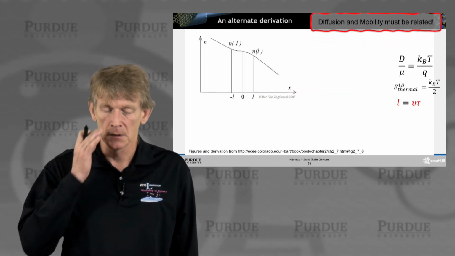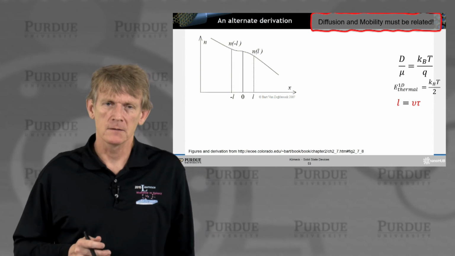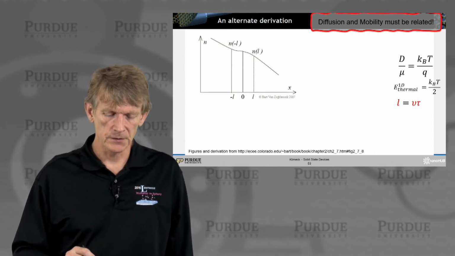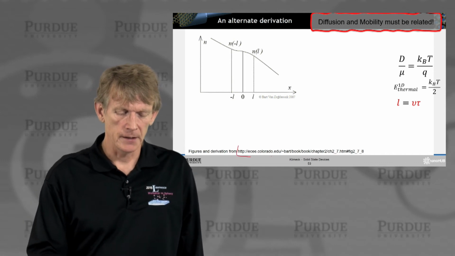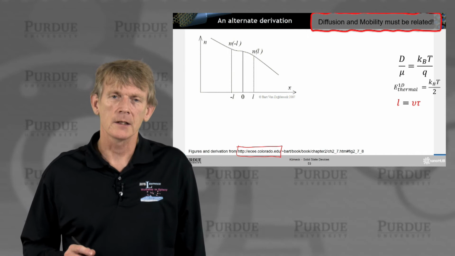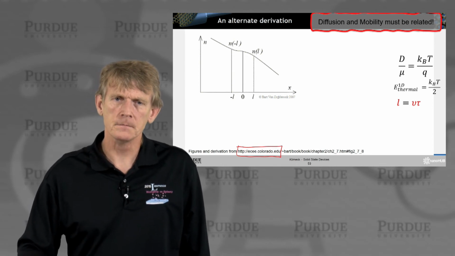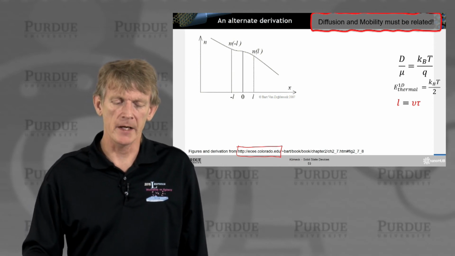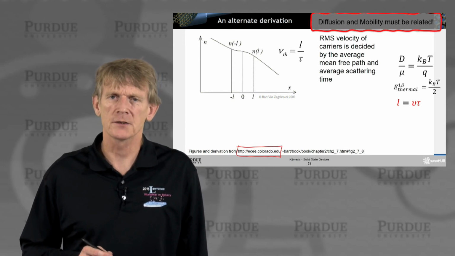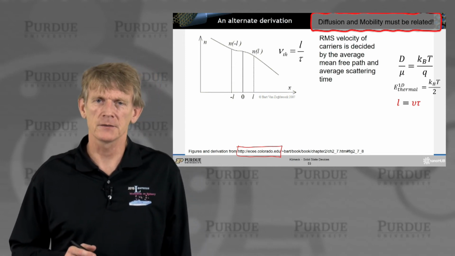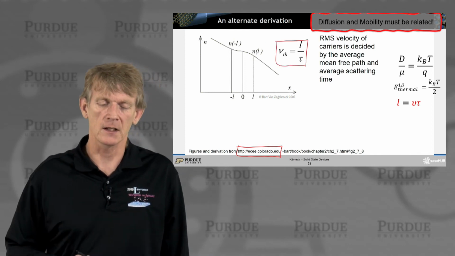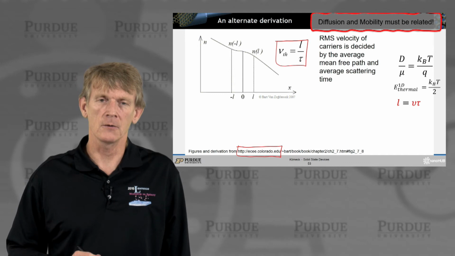Now let's do a slightly different but fundamentally very similar derivation. This is done by a nice description here from Colorado University. And so we have this gradient here. We consider a root mean square velocity of these carriers, so a thermal velocity that goes, again, as I said in the previous slide, as L over tau.